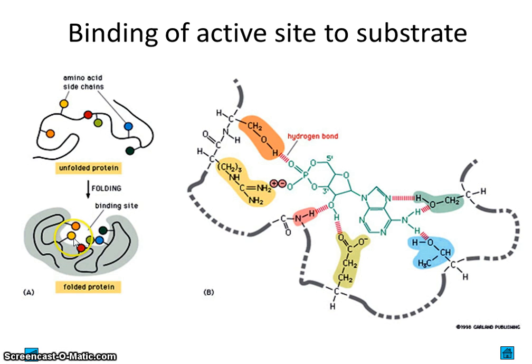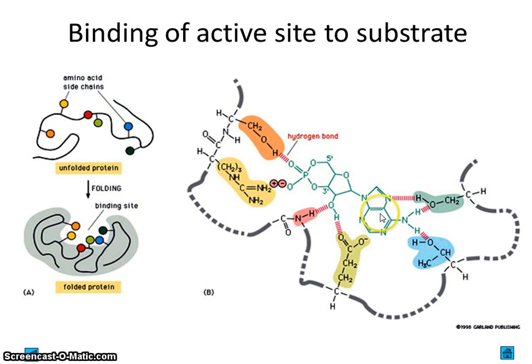And you'll notice that amino acid side chains line the active site or the binding site, so that when a substrate molecule comes along, it fits into the space, but crucially, various atoms on that substrate molecule are able to bond via, for example, hydrogen bonding or ionic bonds to the amino acid side chains that line the active site.